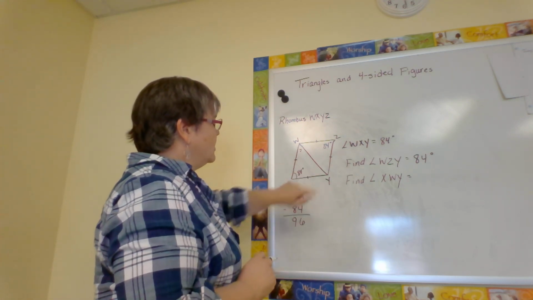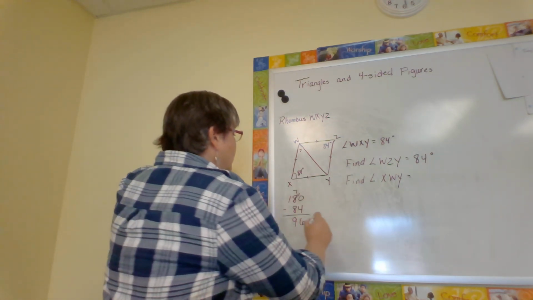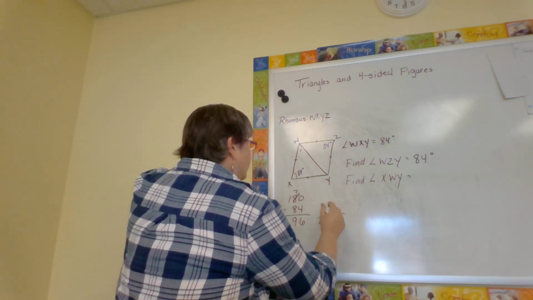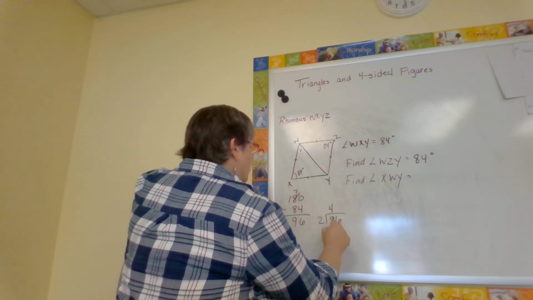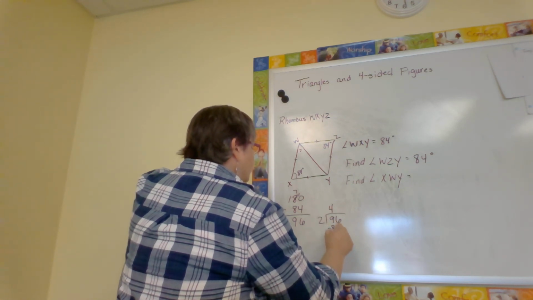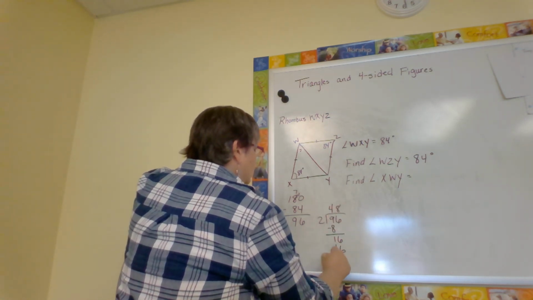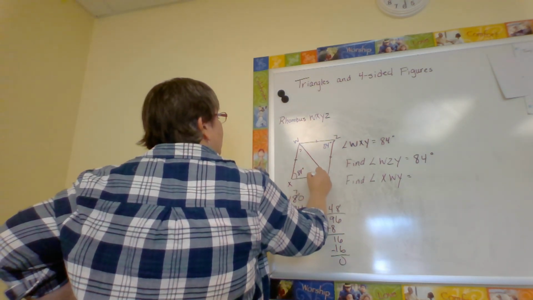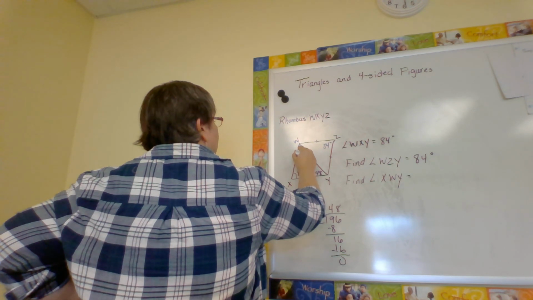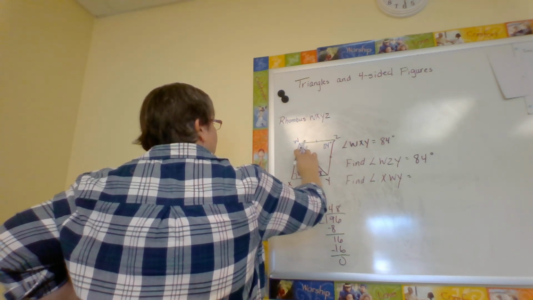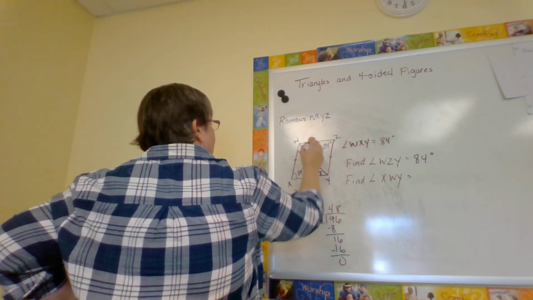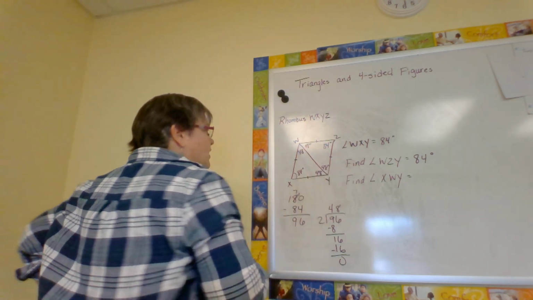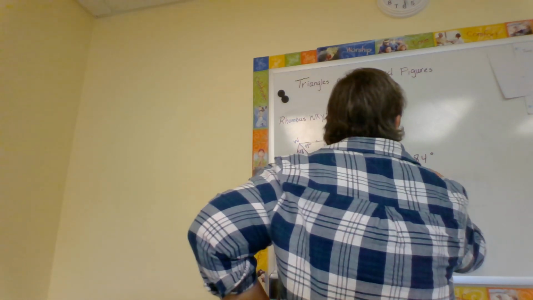So that means this angle and this angle together equal 96. We're going to divide. 2 into 9 goes 4. Subtract, bring down. We get 48. So that means this angle, this angle, and this angle are all equal to 48 degrees.